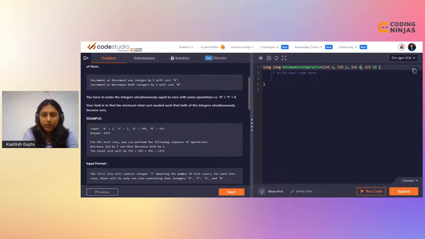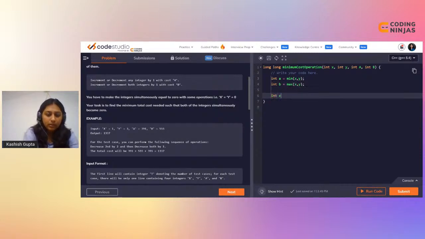It was supposed to be capital A, capital B, and int A equals minimum of x comma y, and int B is equal to maximum of x comma y.